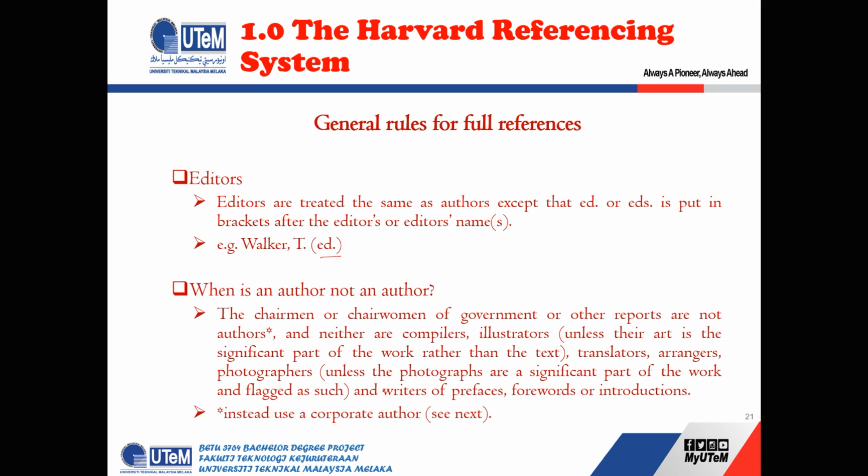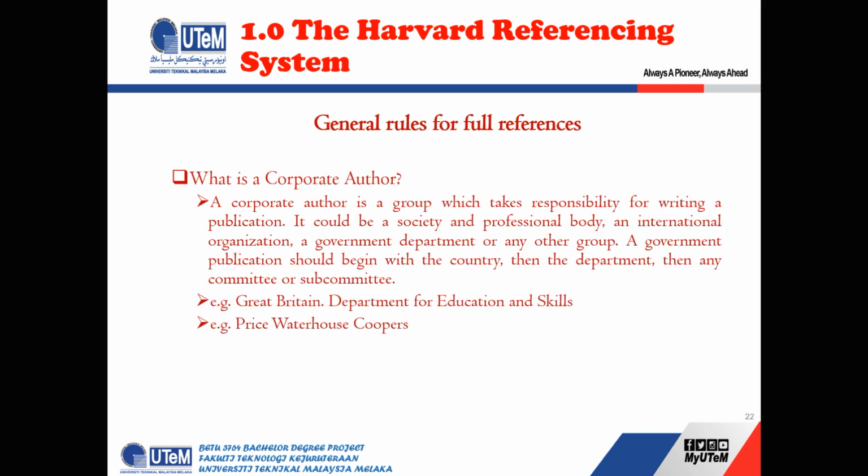So in this case, when we have a chairman or chairwoman, we will use the corporate author. So what is a corporate author? The corporate author is a group which takes responsibility for writing a publication. So it's a group, not an individual. In that case, we don't need to mention the names of all the people in the group.